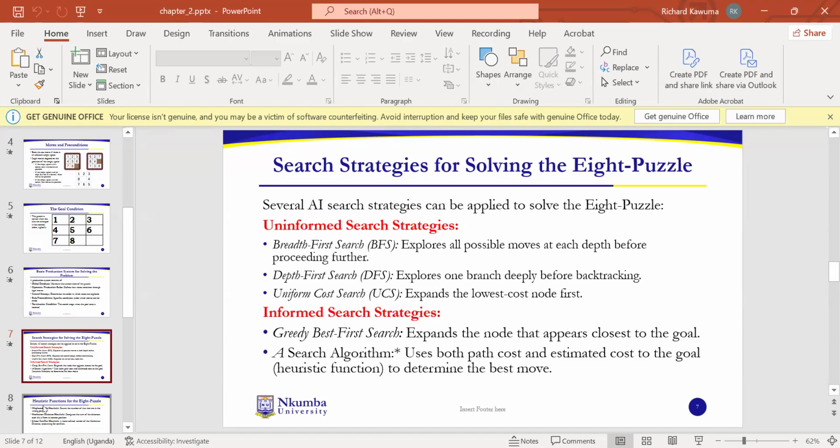Don't breathe in and out, but a deep breath. So there's some point where you say, let me first study this, let me critically look at this. You take time and say, let me understand this. That is depth first search, which explores one branch deeply before backtracking.